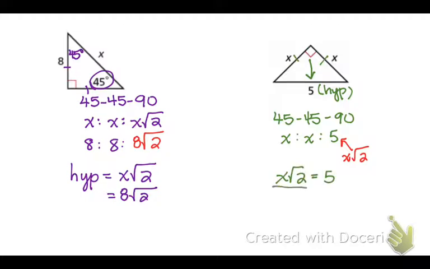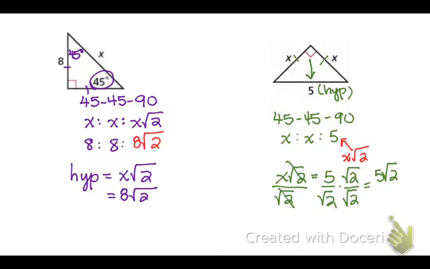To get x by itself, I would divide both sides of the equation by the square root of 2. So these are going to cancel. I'm left with x equals 5 over radical 2. Well, we know that mathematicians don't like for us to leave a radical in the denominator. So to rationalize the denominator, we multiply by whatever radical is in the denominator divided by itself. When I multiply fractions, I multiply the numerators together. 5 radical 2, I can't write the 5 and the radical 2 both under the radical because the 5 is not under the radical.